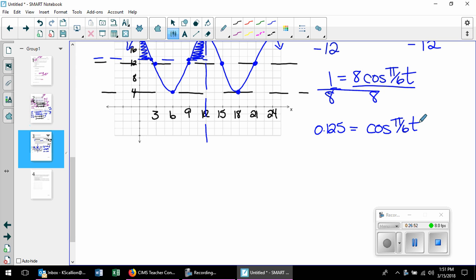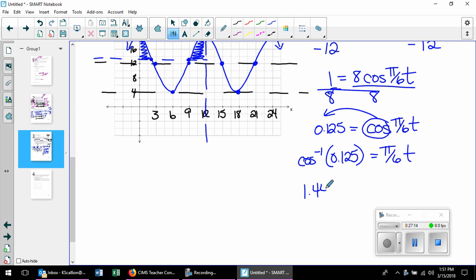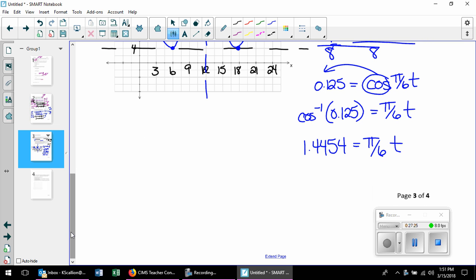Yes, inverse cosine. So essentially, I'm bringing this to the other side, and it's going to be cos^-1(0.125) equals pi over 6 t. I'm going to times both sides by 6 because I want t by itself. So I'm going to times that by 6, and then I'm going to divide it by pi.